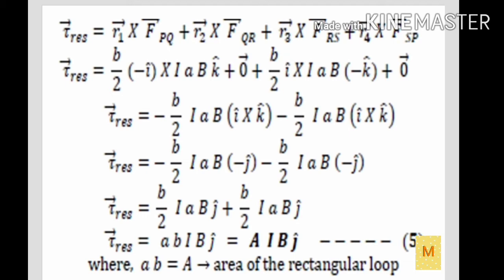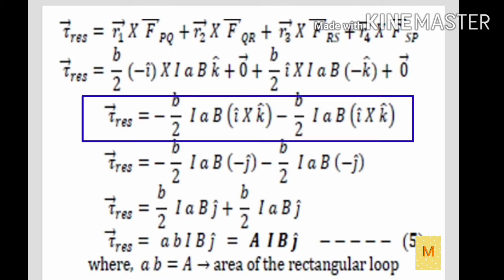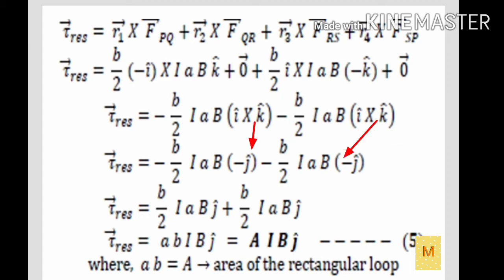Next, the second term in the right hand side will become 0 because FQR vector is equal to 0. And see the third term, R3 is replaced by i cap because R3 is acting along positive x direction, and R3 is equal to what? b by 2. So that it is replaced by b by 2 i cap cross FRS vector is replaced by I A B into minus k cap, plus the next term also will become 0 because FSP vector is equal to what? 0. Hence the equation becomes minus b by 2 I A B i cap cross k cap minus b by 2 I A B i cap cross k cap, where i cap cross k cap is equal to what?